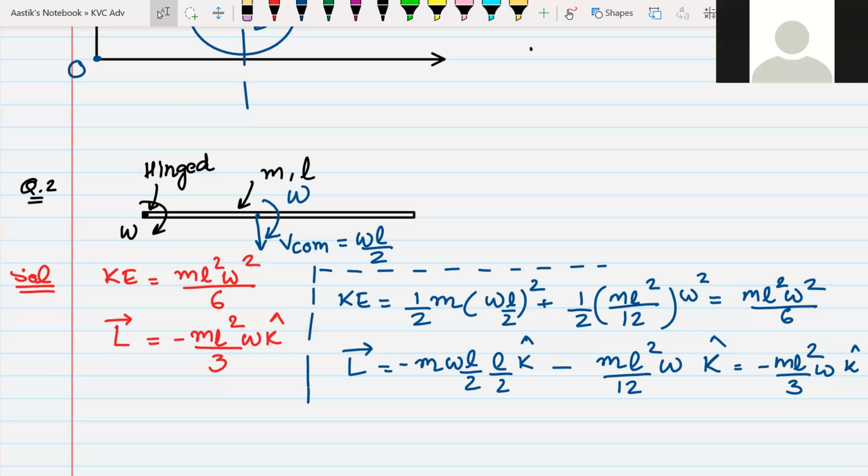Do we understand this? That means any motion, whether it is a combination of translation or rotation, I can convert it into pure rotation. Any motion which is a combination of translation and rotation can now be converted into pure rotation. Do we understand this?